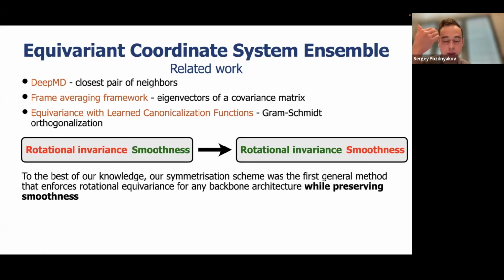Just summing this up, these methods of a posteriori symmetrization developed by the community all sacrifice smoothness, which is not really nice, because smoothness is also a very nice property of a model, and it is required for a model to be used in practical simulations.